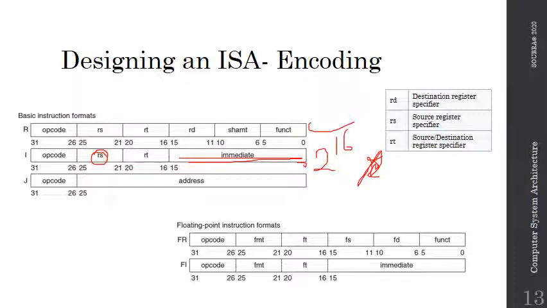However, I remember that even in I-type, I need to store the result in the destination register, and I don't have a destination register anymore because I'm using the field here. So what should I do? What I used as the second source in the R-type, now I'm going to use as a destination.